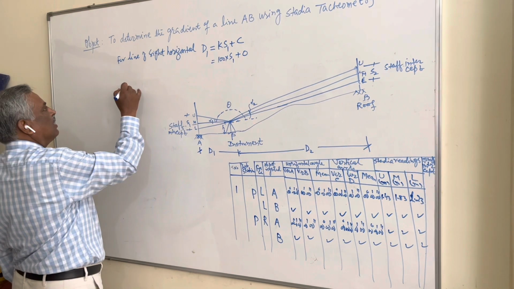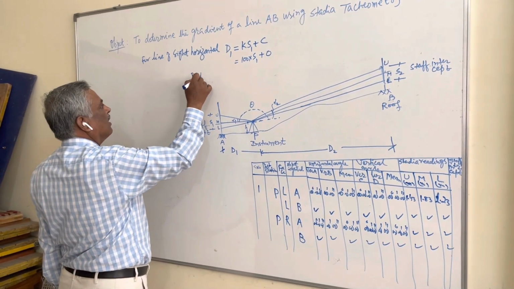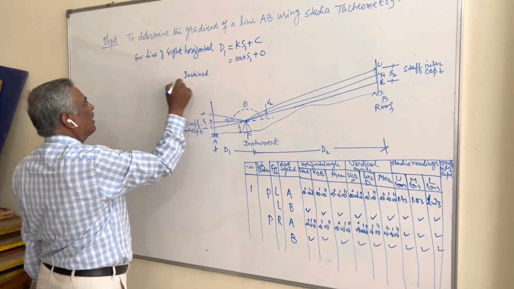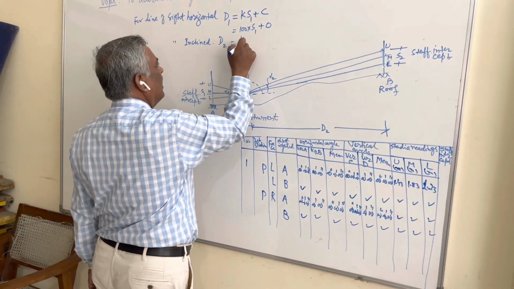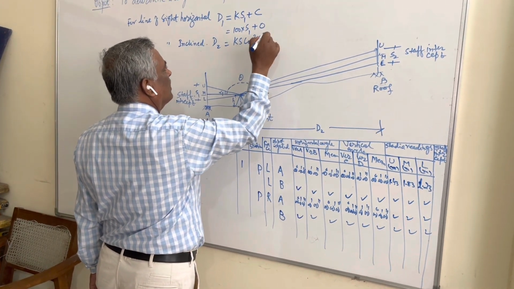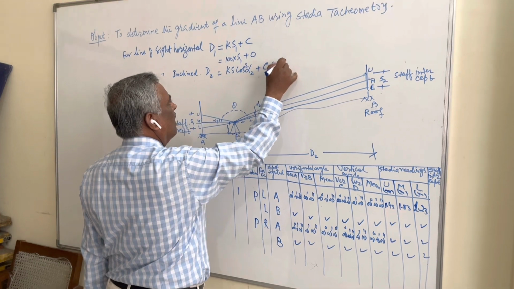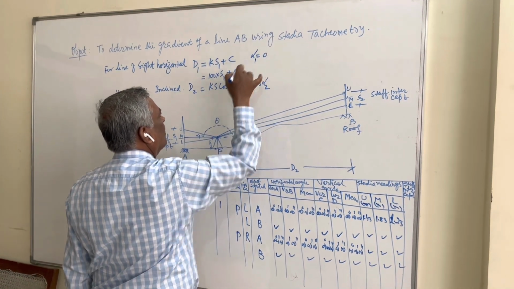Now come for the line of sight inclined. D2 is Ks cos square alpha 2 plus C cos alpha 2. Here alpha 1 is 0.